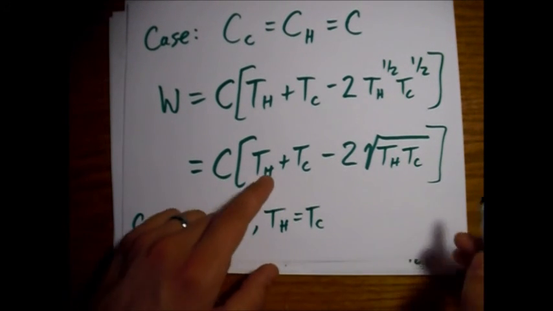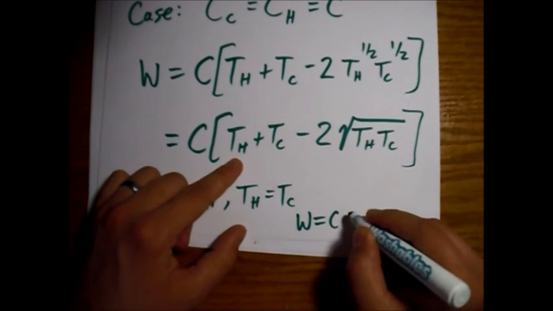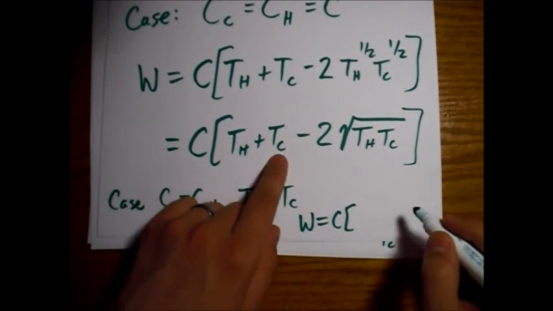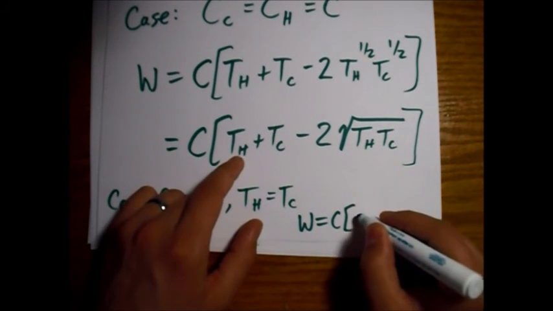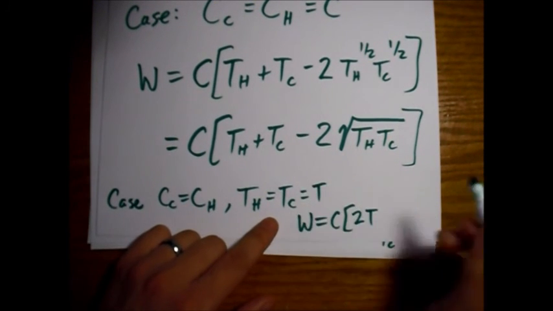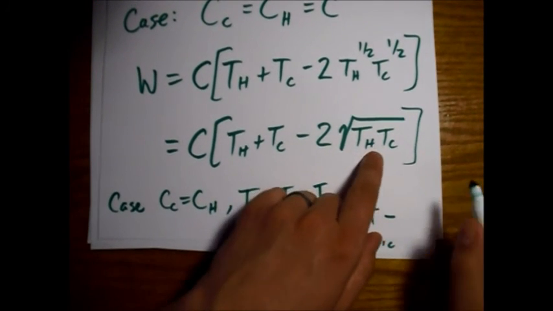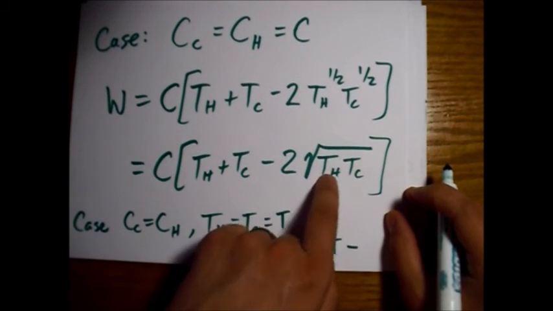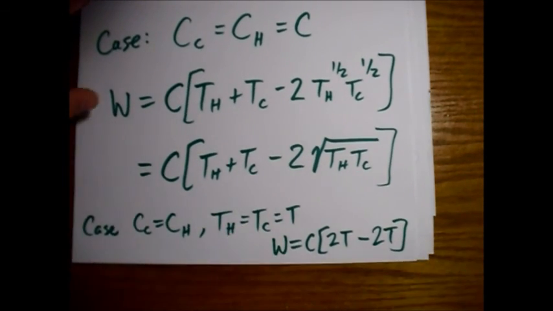What we get here, work is equal to C times, all right, so here we have 2T, so if these are just equal to T. So 2T minus 2, okay, so the square root of T squared is just T. So we do get 0 here at the end. Let's just check that real quick for the general case.